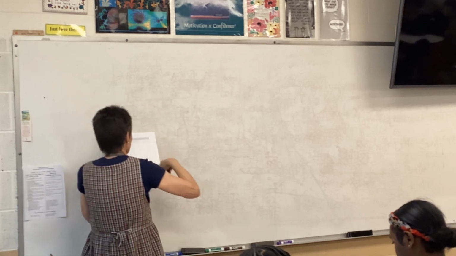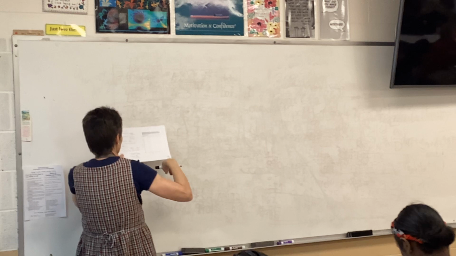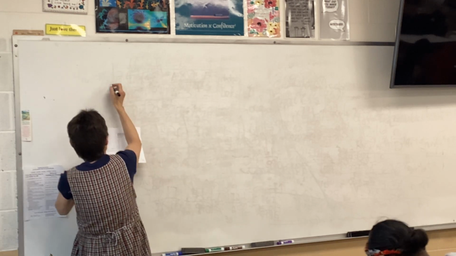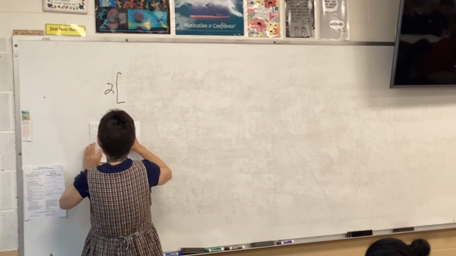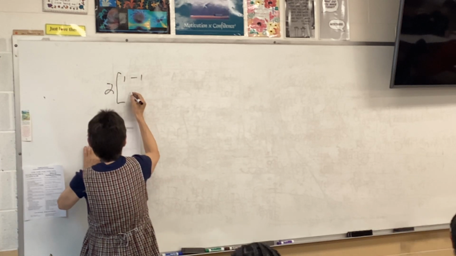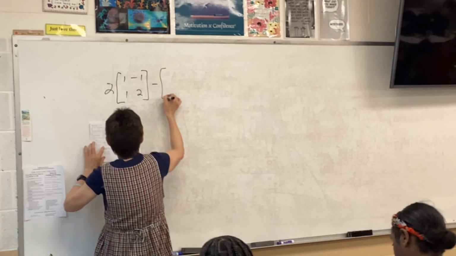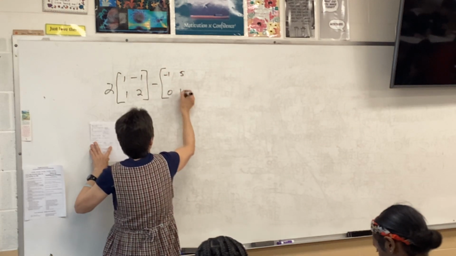So I'm on page 9 of my review packet, which is the very back page, very last thing. I'm doing number 7A, and it says 2 times B minus D. Is this possible?